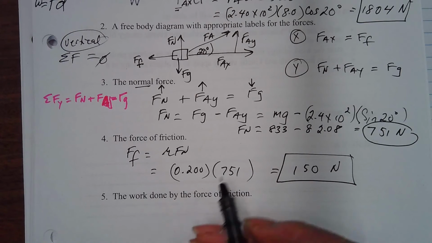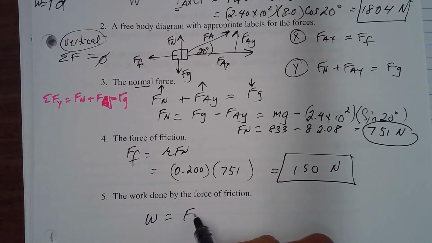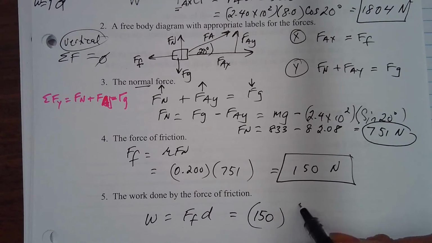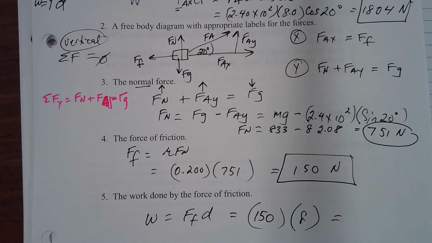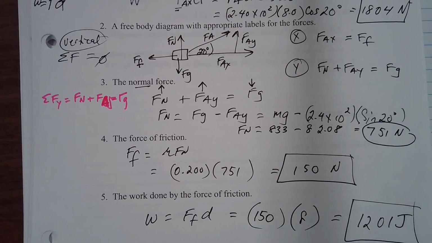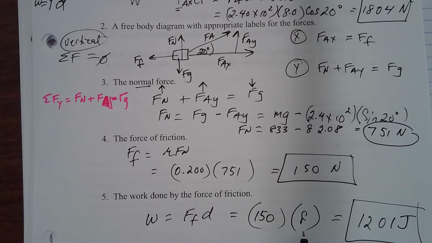Now the work done by friction only, that would be question 5, which depends on question 4. Frictional force is 150 and it traveled a distance of 8. So it's 1201 joules. You notice that I don't have to put the cosine or sine here because this is already taking that into account from previous calculations.